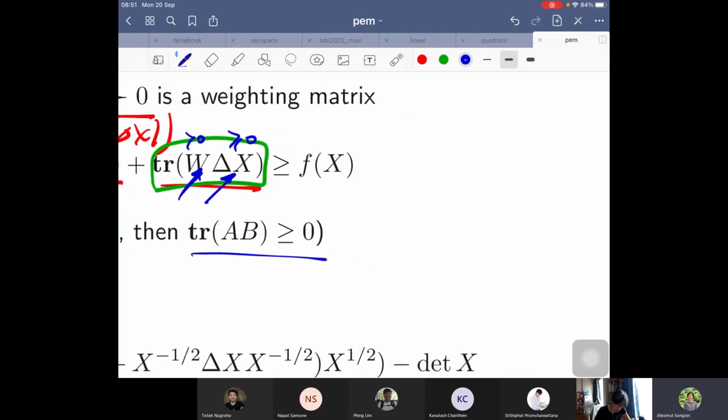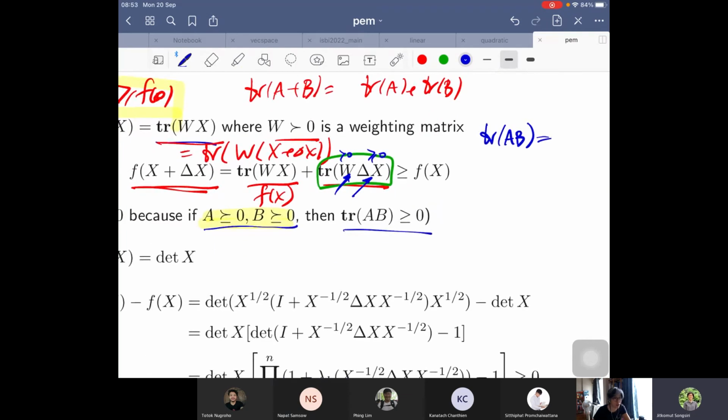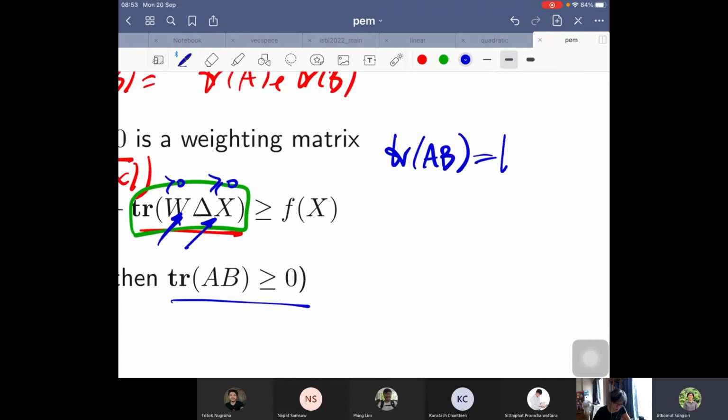Okay, so let me sketch you some quick proof. If A is positive definite, what do you know about positive definite A? Does it have a factor?